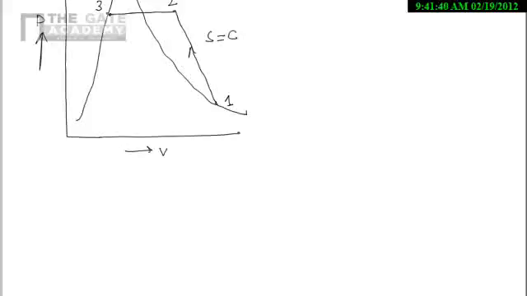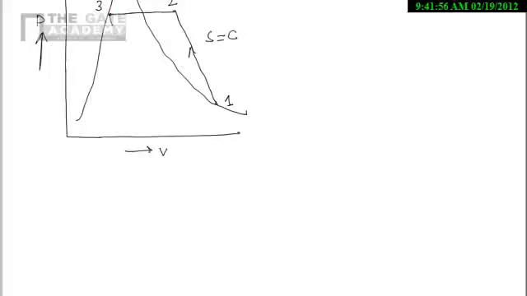3 to 4 is a kind of throttling process where we are reducing the pressure from condenser pressure to evaporator pressure. It's an irreversible process, but in that process enthalpy will remain constant.